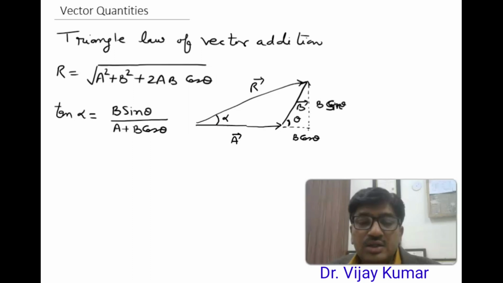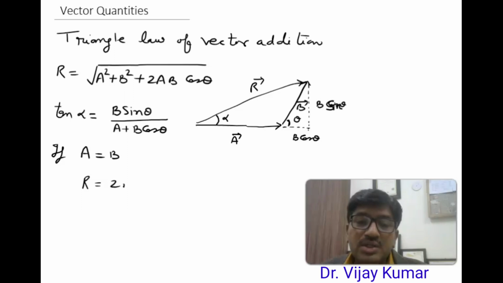And suppose if the magnitude of A is equal to B, then R should be twice A cos theta by 2, and alpha is theta by 2.